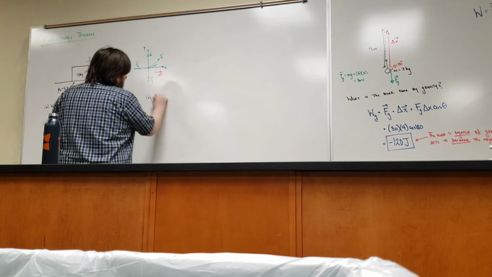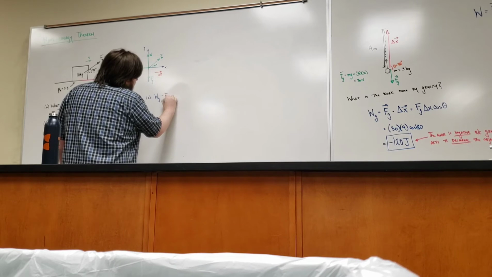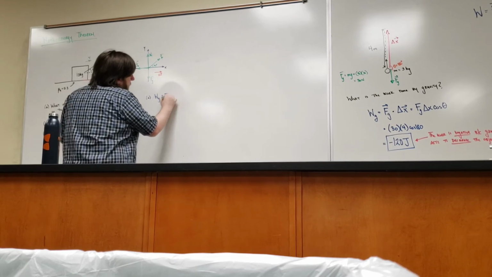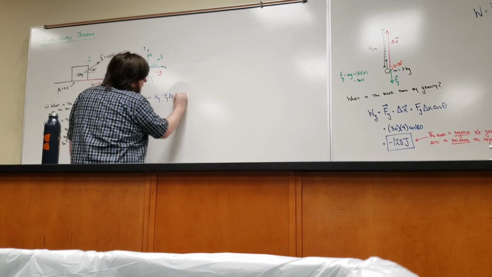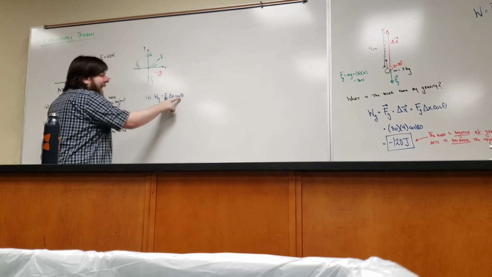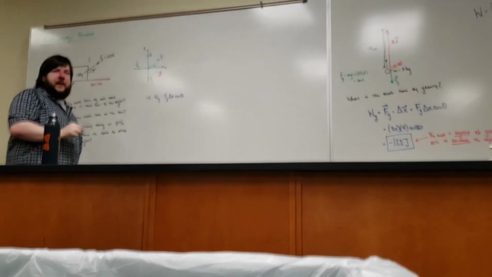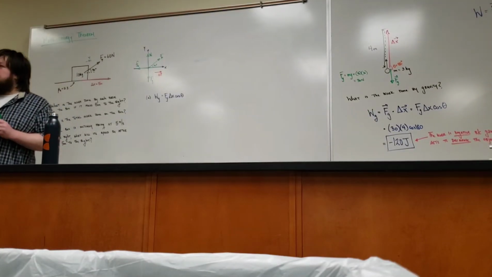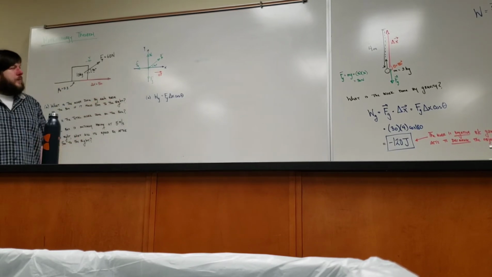So part A, the work done by gravity is going to be the magnitude of the force of gravity, times the magnitude of the displacement, times cosine of the angle between the force of gravity and the displacement. What's that angle in this problem?